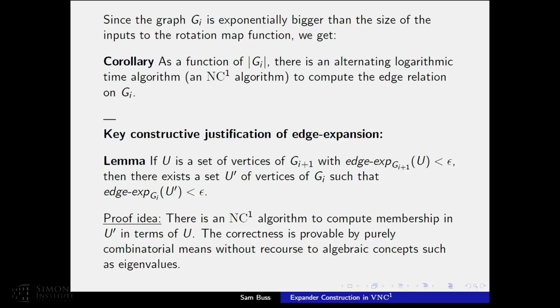And there's an NC1 method such that, given an oracle for U, you can find U prime in alternating log time. Giving oracle access to the members of U, you can compute the membership relation on U prime. Okay, I'm not going to do the proof, but that's what's needed here. So this is what I mean by an NC1 provably correct expander graph.